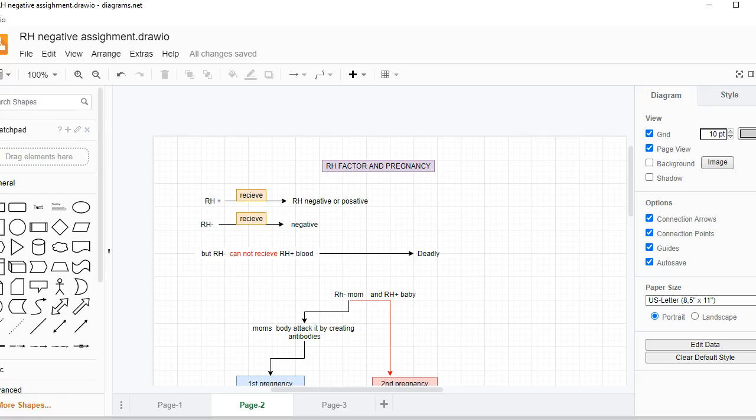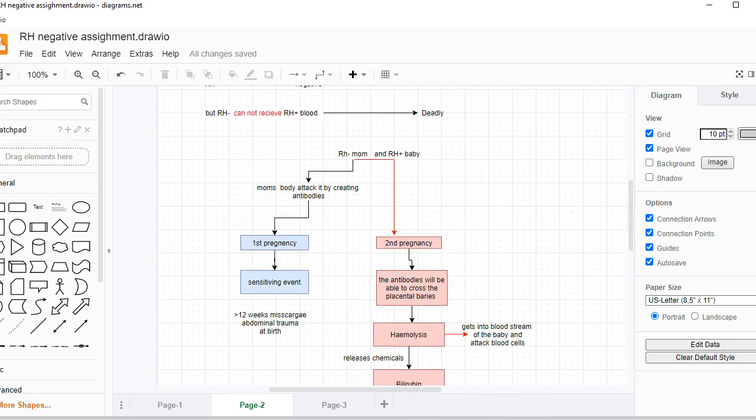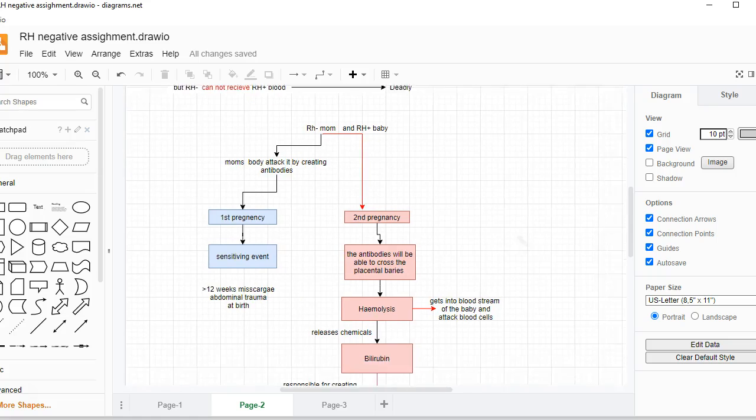That's what happens in the first pregnancy. The sensitizing event can be up to 12 weeks, a miscarriage, abdominal trauma, or it can happen at birth or within the placenta.